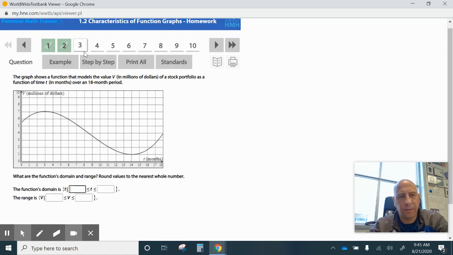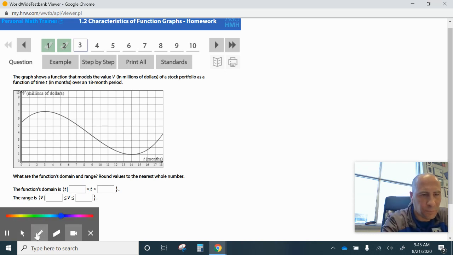All right, let's take a look at number 3. The graph shows a function that models the value V in millions of dollars of a stock portfolio as a function of time t in months of an 18-month period. What are the function's domain and range, rounded to the nearest whole number? So domain is from here to here.